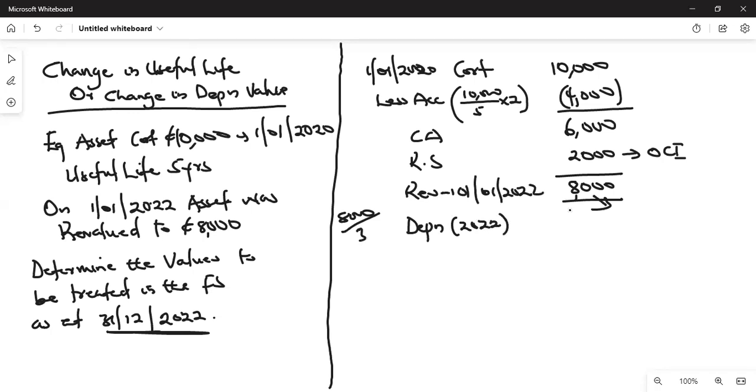What do you get? 2,666.67, so let's round it up to 2,667. So it means that our carrying amount to the SOFP will be 5,333.